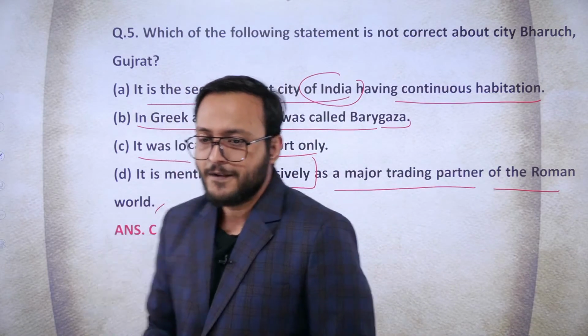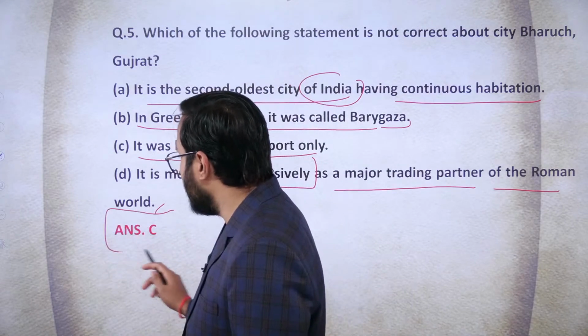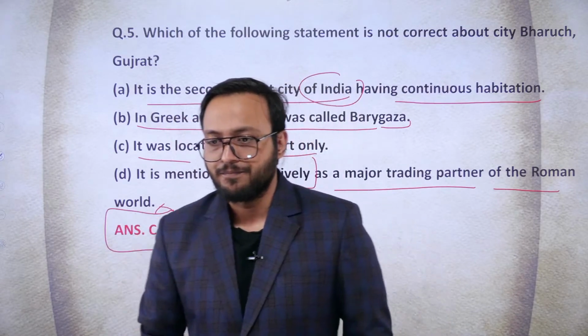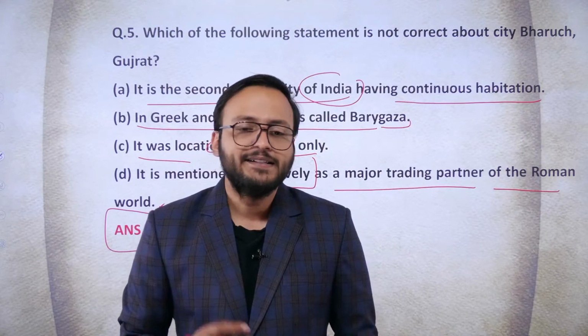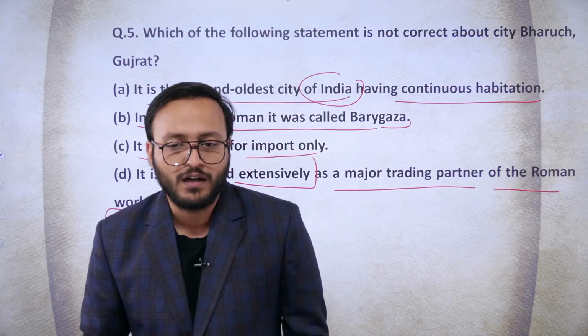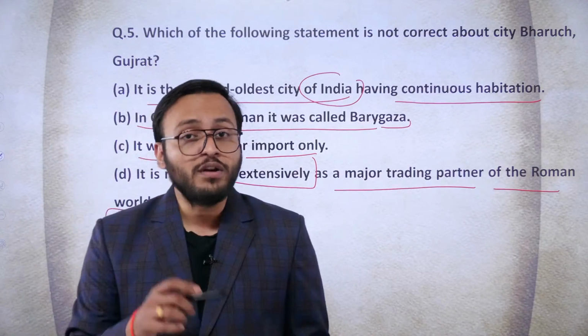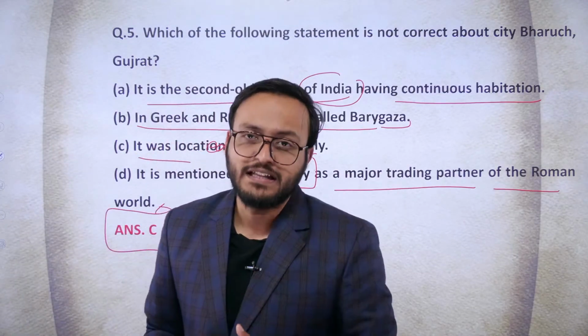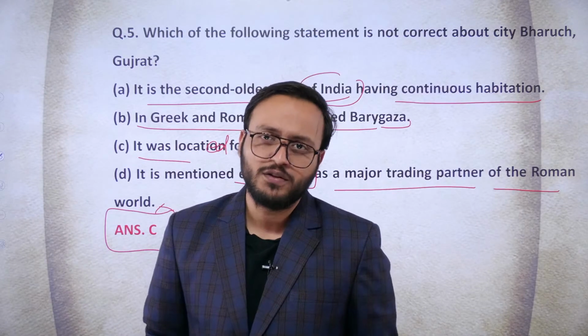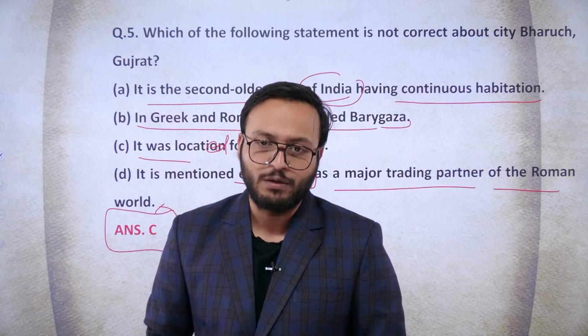So here the right answer is basically option number C. Because no seaport can be there which is located for only importing anything from outside, and of course not Bharuch or Bhrigukachchha.